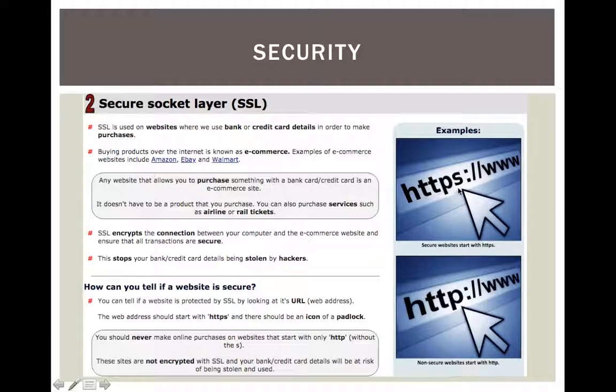And what that means is that the data transferred through these websites is encrypted, and it's called a secure socket layer, okay? So this means that when you use your bank or credit card details online, like for e-commerce, for buying online, you can secure your information. You can trust that this website is doing everything possible to encrypt your data to prevent fraud, to prevent hackers from accessing your data.